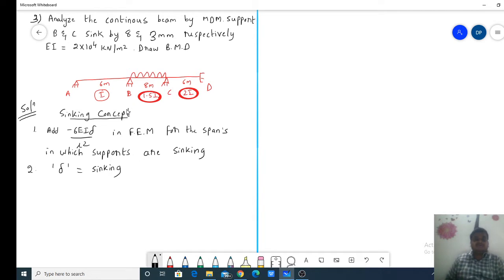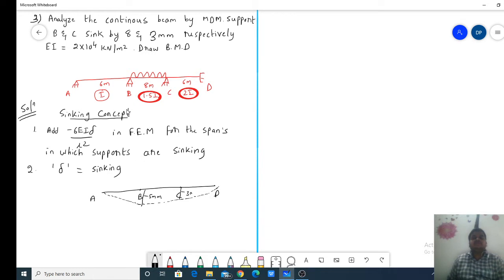Now considering this example, if this is the entire span, this point is B, this point is C, and this point is D. Here B is sinking by 8 mm, say this much is sinking for B, and C is sinking by only 3 mm, and there is no support sinking for D. So this is the total sinking for B, and this is the total sinking for C, 3 mm.